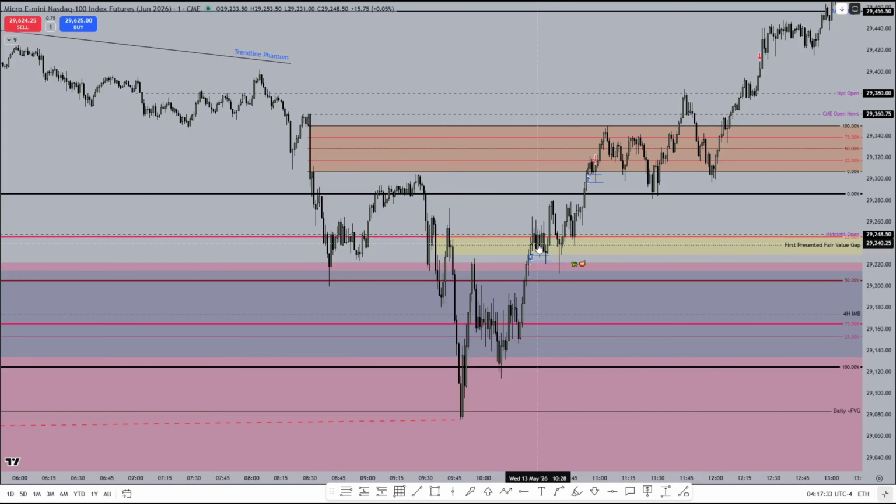This, for this model at least, indicates a shift in market structure, where we don't expect the first presented fair value gap to be rolled over and then used as resistance, because we are bullish, so we do not expect it to be used for sell side delivery. Yes, you can use these here, which admittedly on my other account I did actually sell long down here, but that is for more advanced teachings, to be able to get in down here.